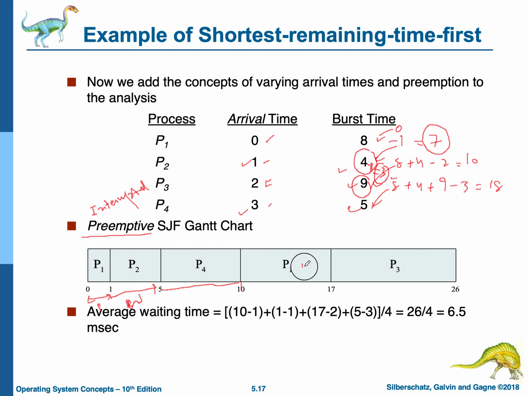Then P1, with only 7 seconds remaining, was selected for completion, and then P3, which requires 9 units of time, was selected. So the average waiting time for these jobs is calculated like that.